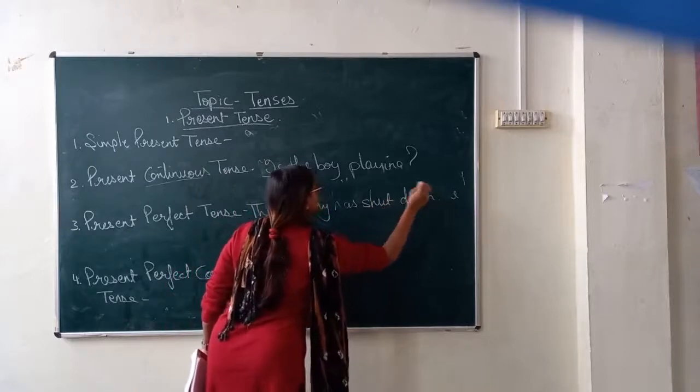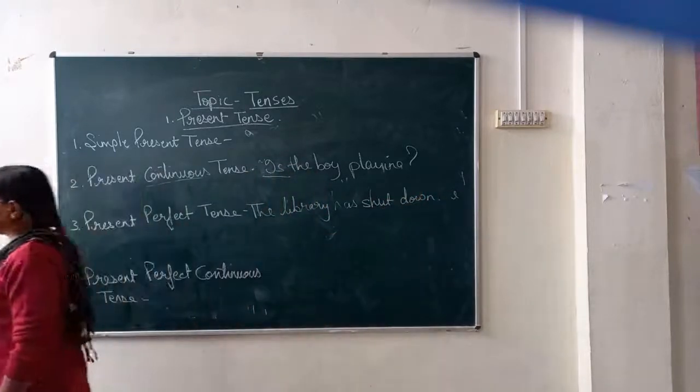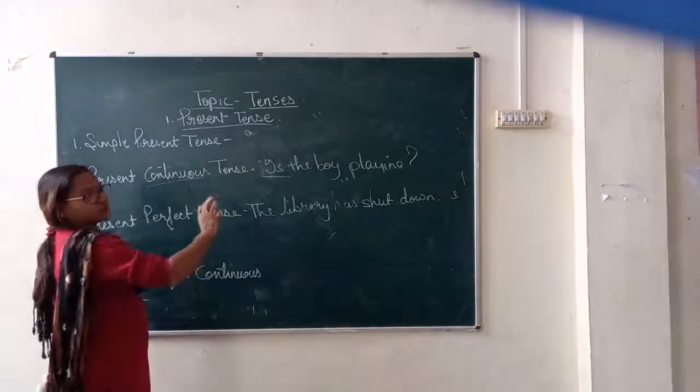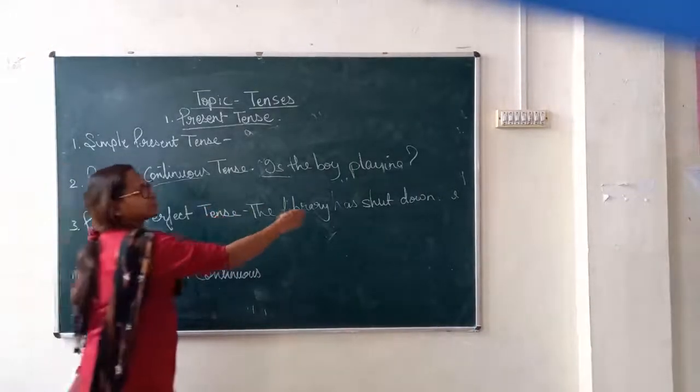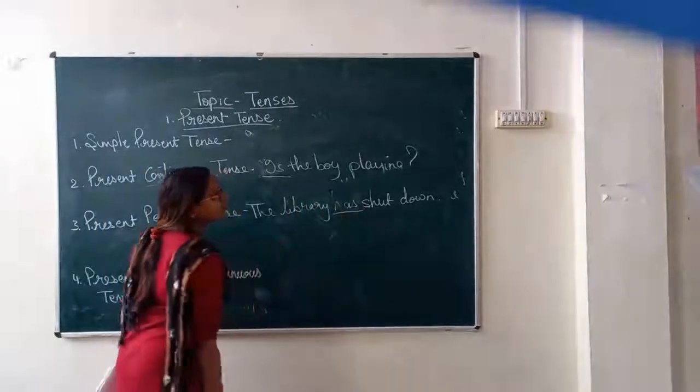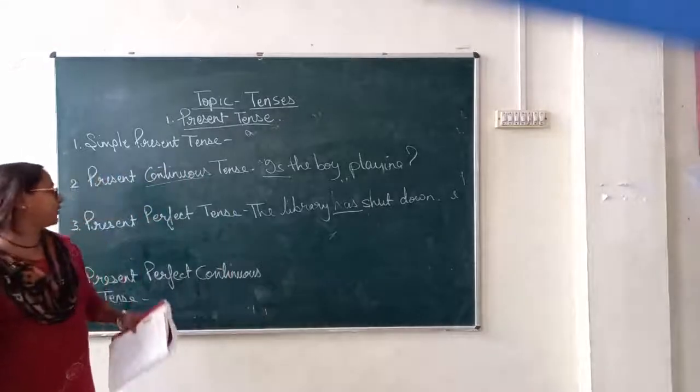Now here you see the action has already taken place, but the timing is not shown. The library has shut down, but with the help of has, it is showing you the present form, present perfect.